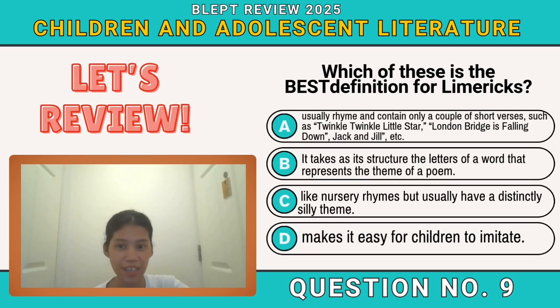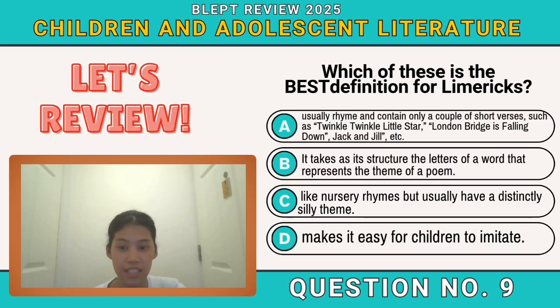Question number 9. Which of these is the best definition for limericks? A. Usually rhyme and contain only a couple of short verses, such as Twinkle, Twinkle, Little Star, London Bridge is Falling Down, Jack and Jill, etc. Letter B. It takes as its structure the letters of a word that represents the theme of a poem. Letter C. Like nursery rhymes but usually have a distinctly silly theme.